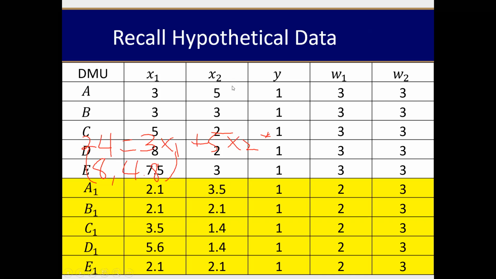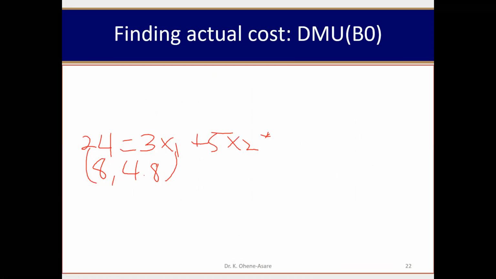Oh, sorry. We have to use the W1 and W2. We have to use the values 3 and 3. Right, sir. It's 3 and 3, right? Yes, it's 3 and 3. He's right.